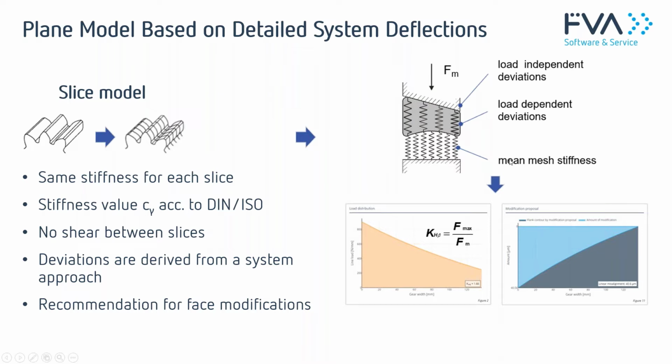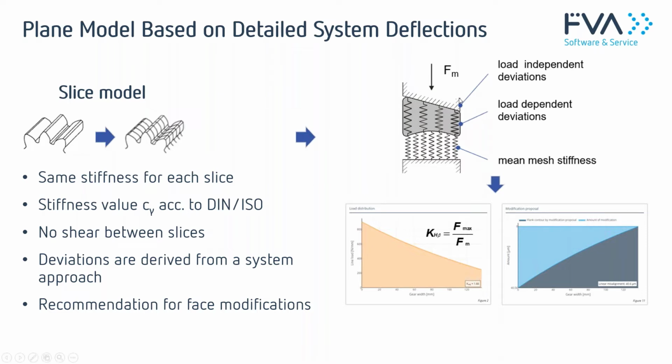But the difference from the simplified ISO calculation is that we now calculate all the deformation in the system in great detail. So we take into account the real bending curve, the real torsion, influences from a second stage on the shaft, housing deformation, the real deformation of the bearings, and so on.